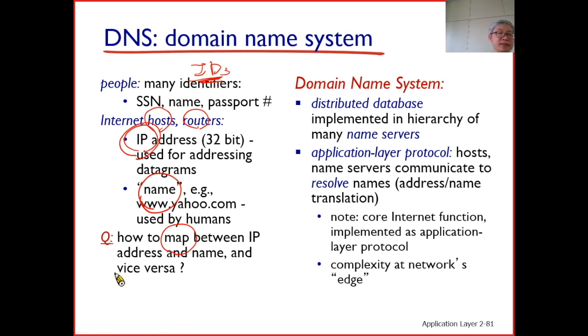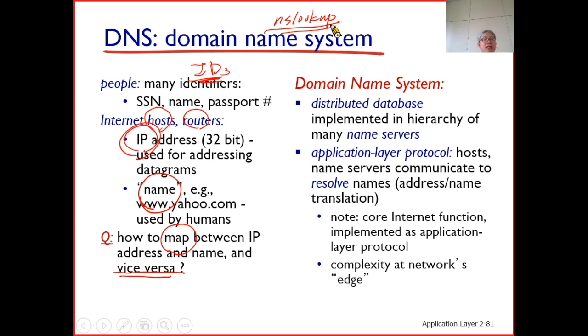So vice versa. Actually, you can change the direction to look up. In fact, if we want to use that one, you can use the command nslookup, but it's just a command for you for reference.